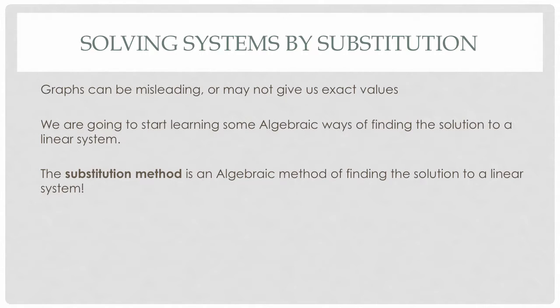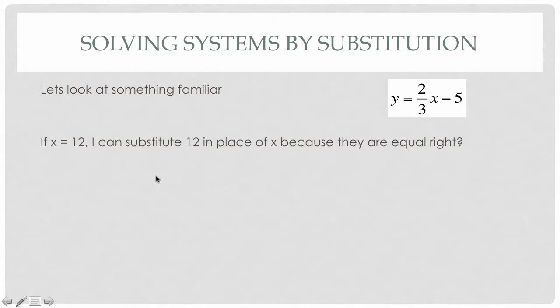The first one we're going to learn for algebraically finding a solution is called the substitution method. What do we mean by substitution? Well, we already kind of do substitution. Take this problem right here. Here's a linear equation: y equals 2/3 times x minus 5. If I tell you x equals 12, can you find y?